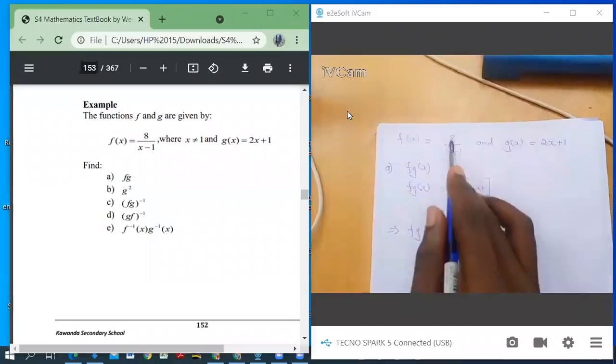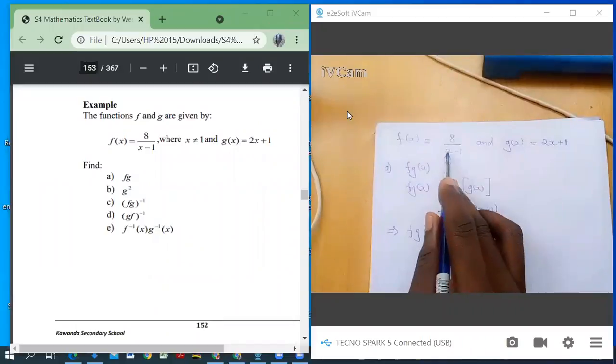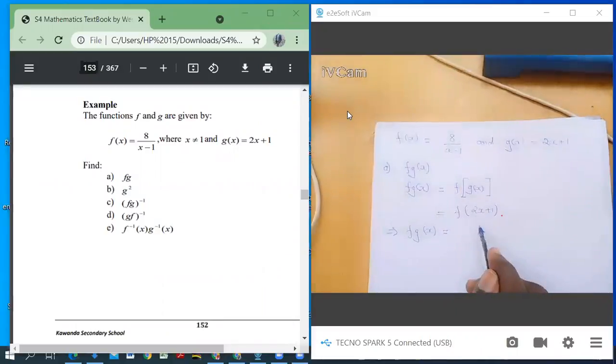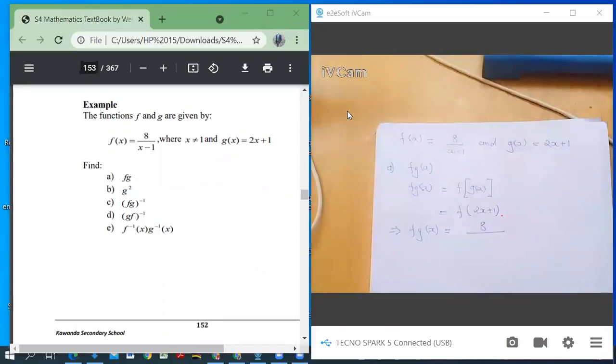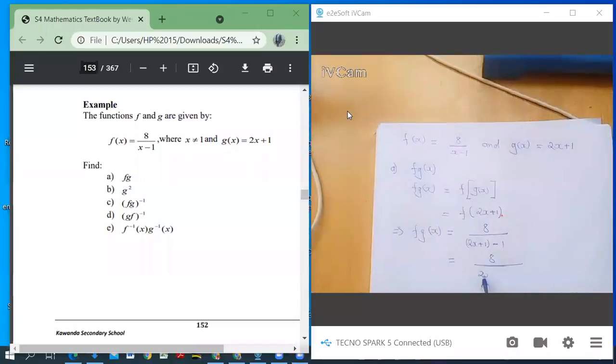F is 8 over x minus 1. So I'll have 8 over, where there is x, we replace it with 2x plus 1, then minus 1. So we have 8 over 2x plus 1 minus 1.